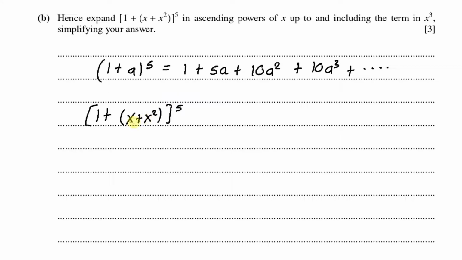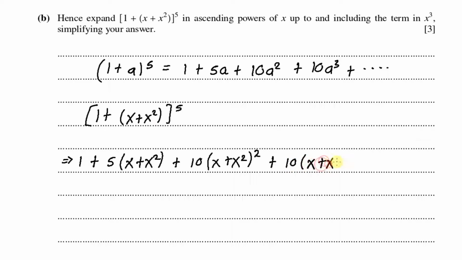So I'm going to substitute x + x squared for a in this expansion. This gives me 1 + 5a, which is 5 of (x + x squared), plus 10a squared, which is 10 of (x + x squared) squared, and then plus 10a cubed, that's 10 of (x + x squared) cubed.